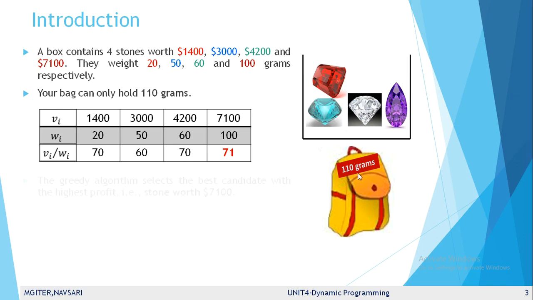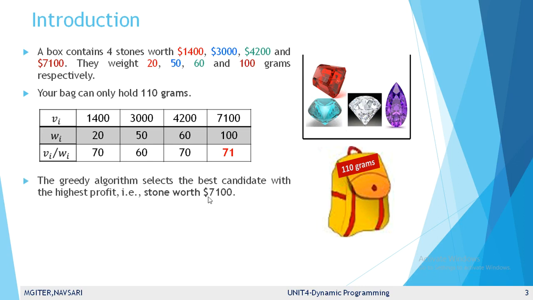Now using the greedy method, we select the best candidate with the highest profit. The highest profit here is the weight of 100 gram and the worth is 7100. So we select this item.